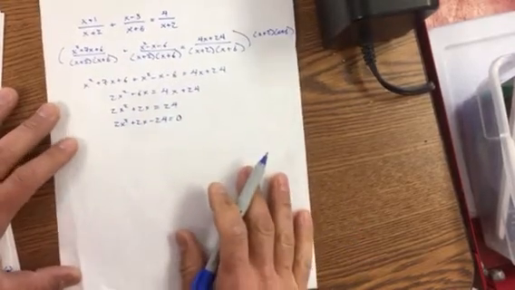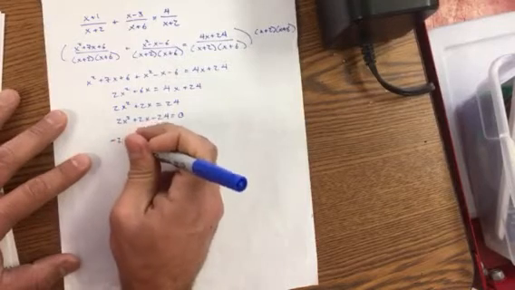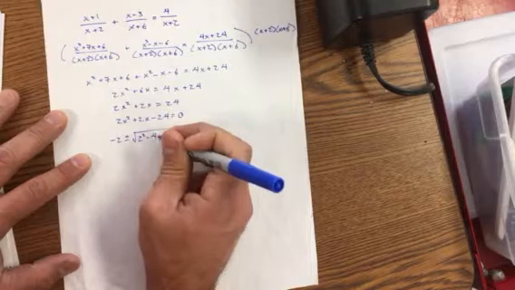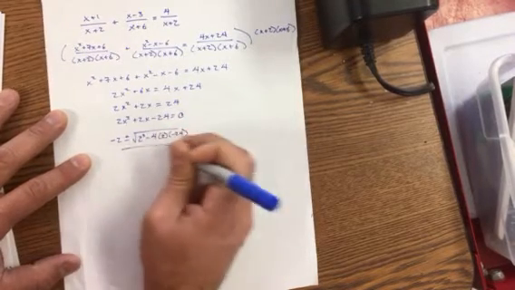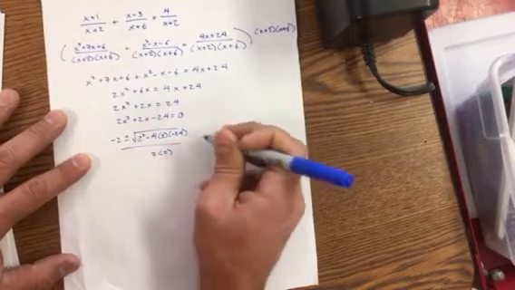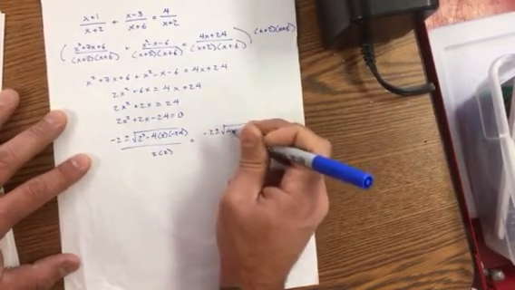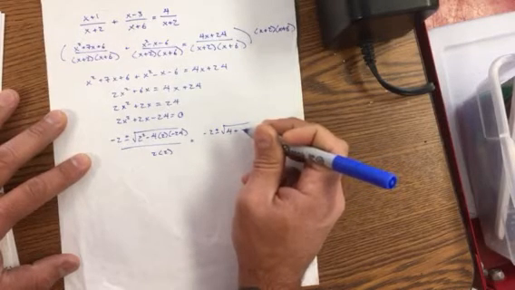Whenever it's quadratic, I'm going to get it equal to 0. And then I'm going to use my quadratic formula. So negative b plus or minus the square root of b squared minus 4 times a times c over 2 times a. And I'm going to simplify that. This is 32.